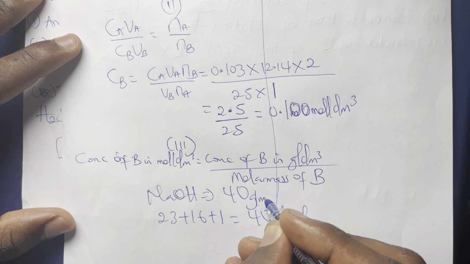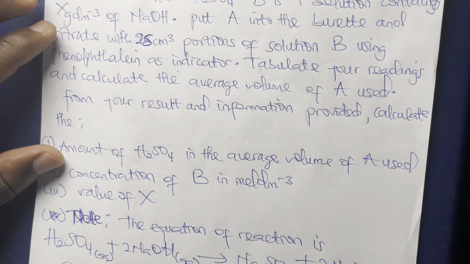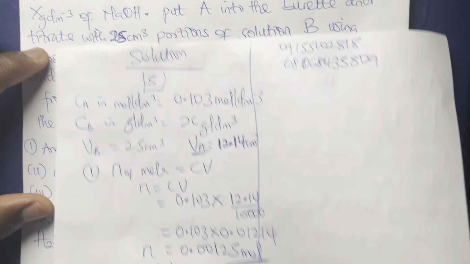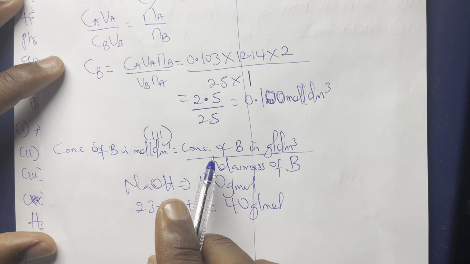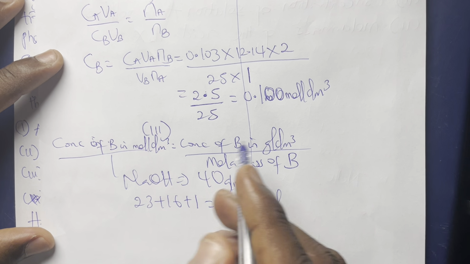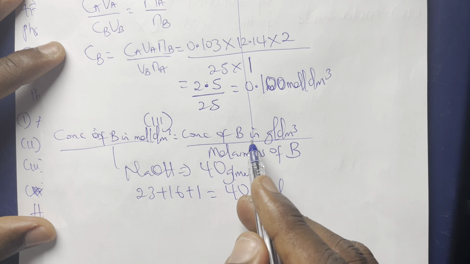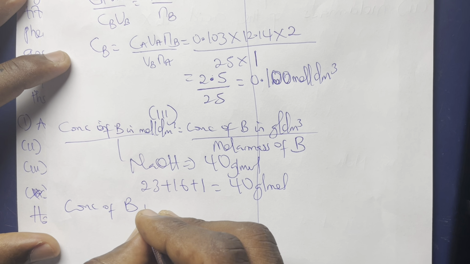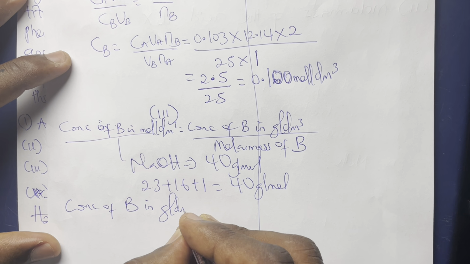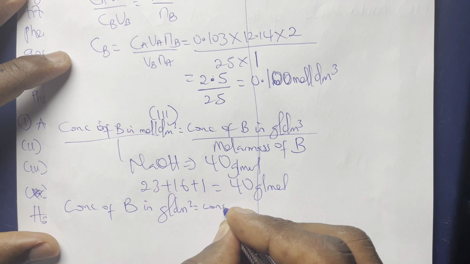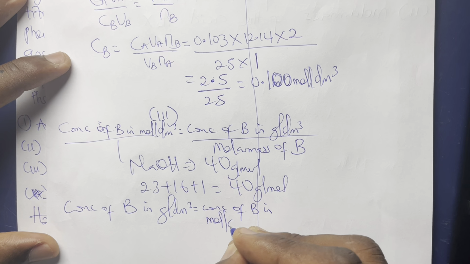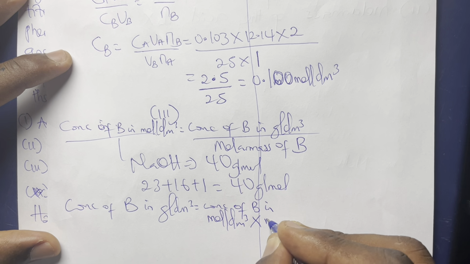I'm looking for x. If I cross multiply, the concentration of B in gram per dm cube equals the concentration of B in mole per dm cube times the molar mass.